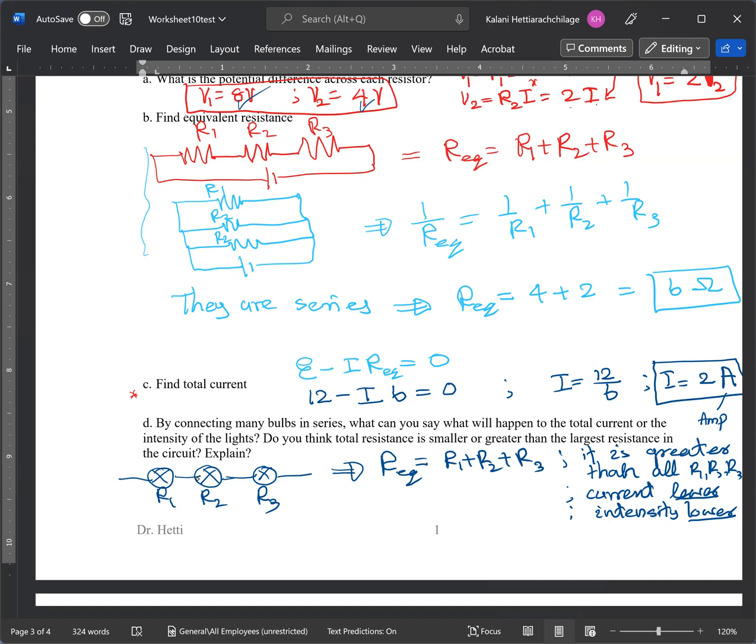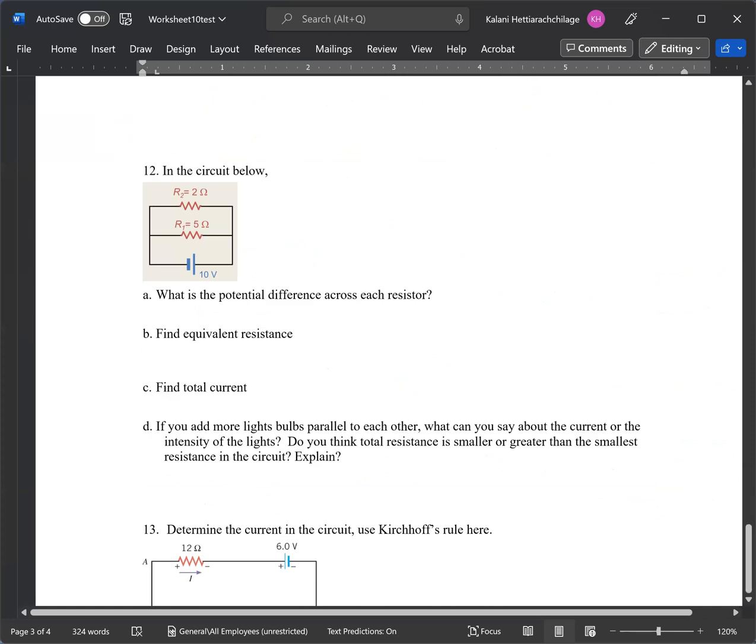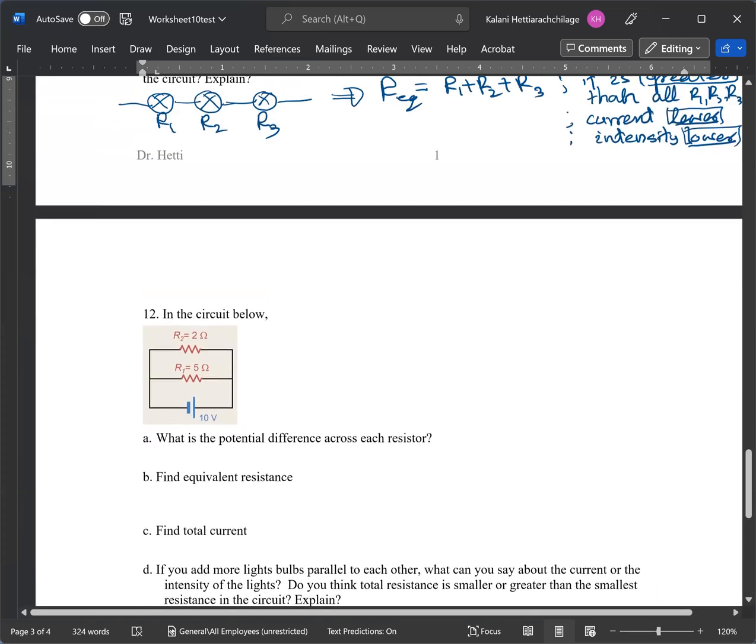And do you think resistance is smaller or greater? Greater than all of them. Okay. So you can think about the same question for the series and parallel capacitors, and series and parallel resistors. Okay.